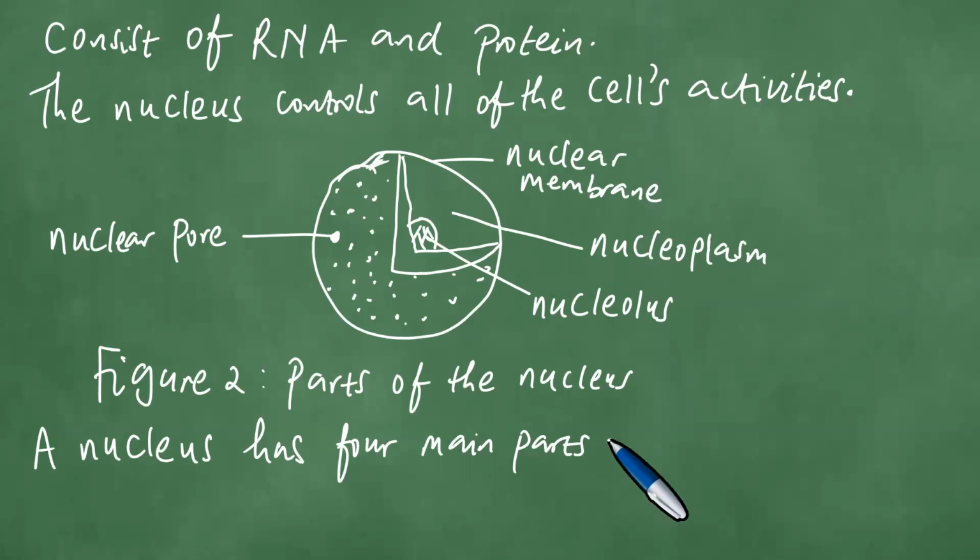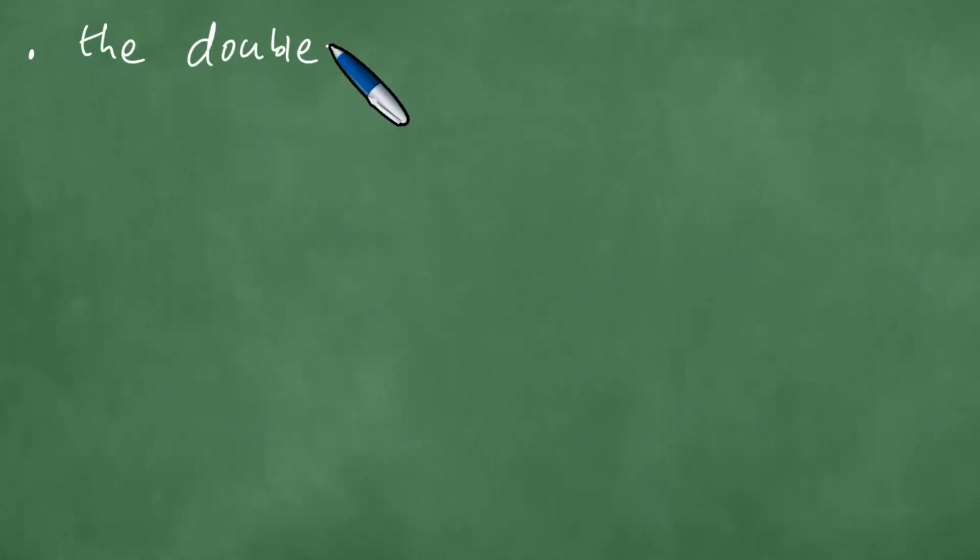What are the parts of a nucleus? Because they can ask you to tell the parts of a nucleus. Part number 1: the double nuclear membrane.